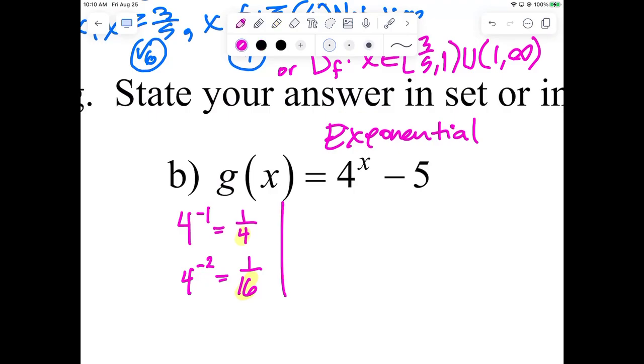Now, is it possible to even get radicals out of this? Well, let's see. If x were equal to 1/2, 4 to the 1/2 power would end up being the square root of 4. So we do get radicals, but the radicand itself is a 4 again. It's not going to be negative. And if you look at 4 to the 1/4, it's going to be the fourth root of 4, which is still going to be a non-negative number under the radical.